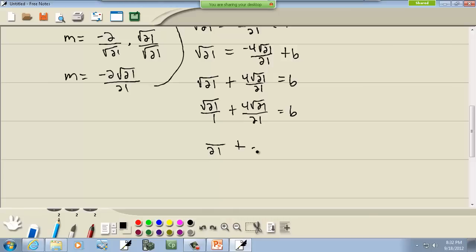So we're going to rewrite each fraction with a new denominator. Now our second fraction we don't change at all, but our first one we multiply the bottom part by 21, so we have to multiply the top part by 21. Now, since they have the same denominator, we can combine together the top parts. 21 square root of 21 plus 4 square root of 21 is 25 square root of 21 over 21.